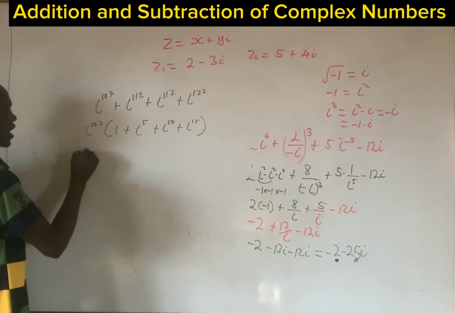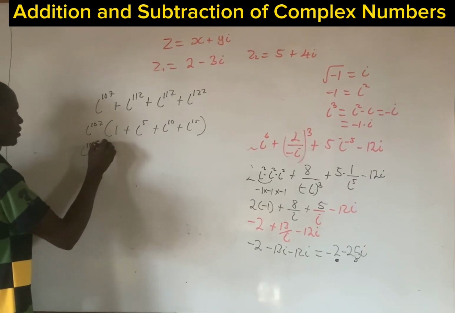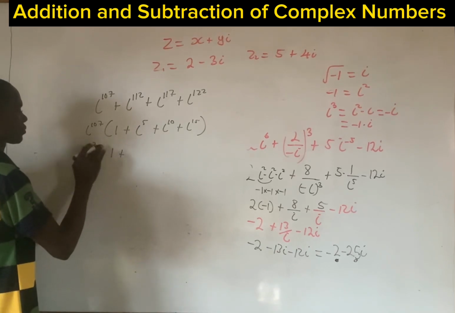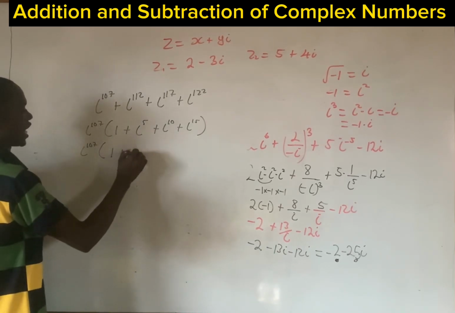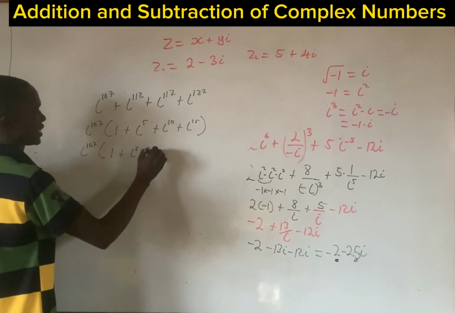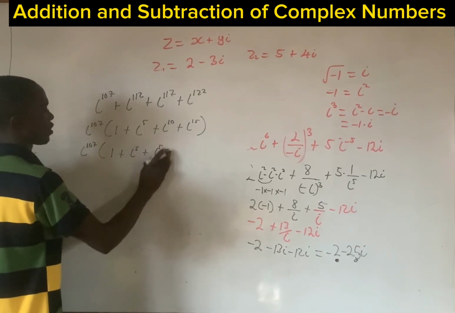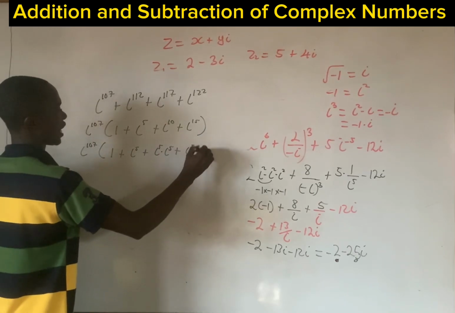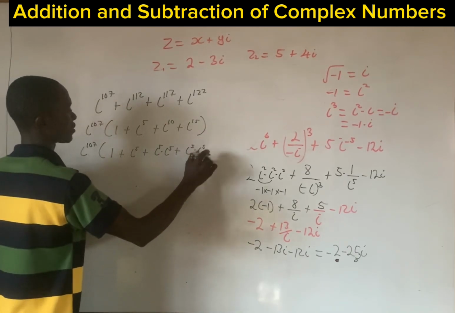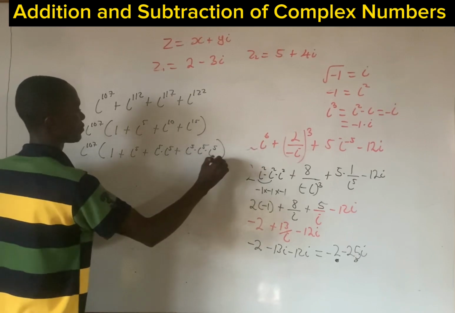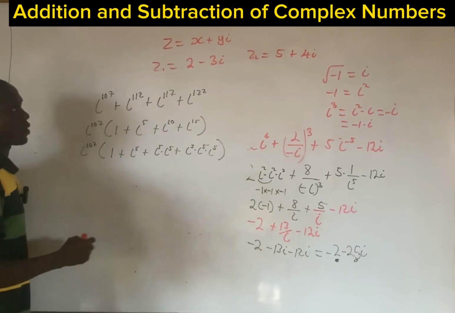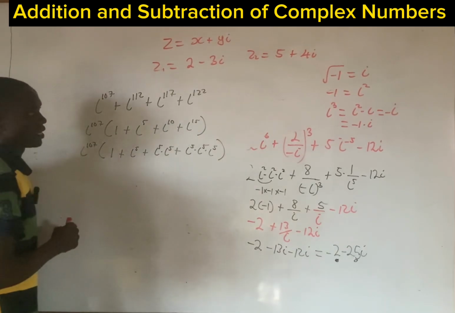Now, you have i power 107 times 1 plus i power 5, plus i power 10, which is the same as i power 5 times i power 5, plus i power 5 times i power 5 times i power 5. So in this case, we need to find i power 5, which we've done earlier.